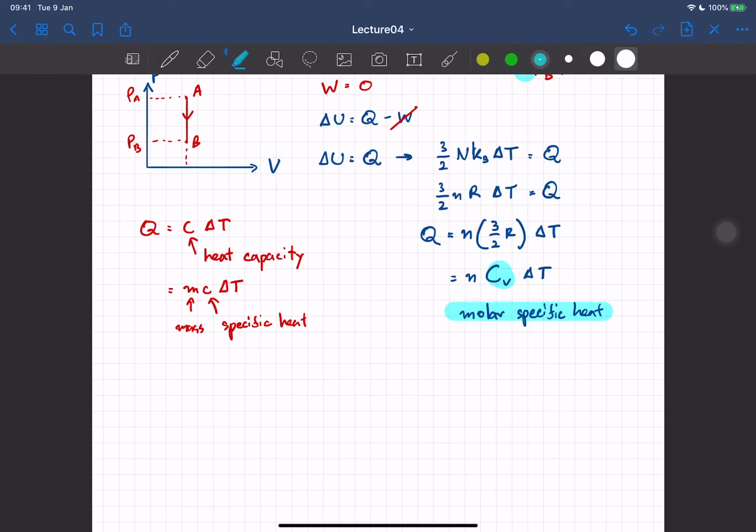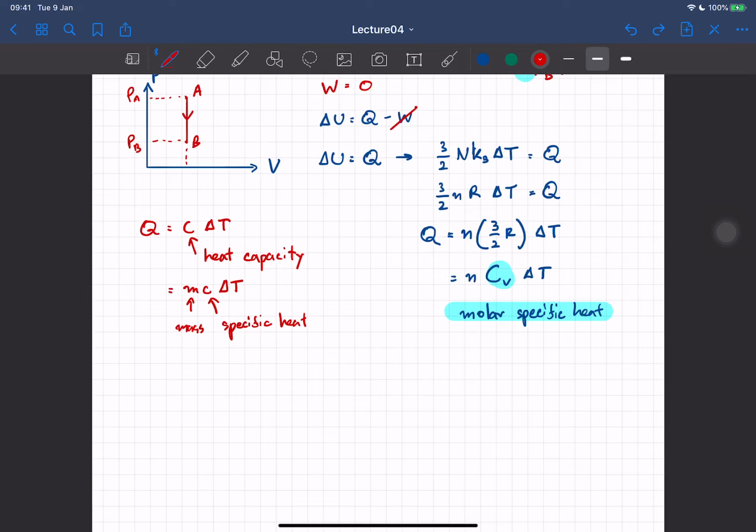And the thing which will be confusing to some of you is that molar specific heat depends on the kind of process. So that's why we need to write a subscript V here, because it's the molar specific heat for a constant V process.